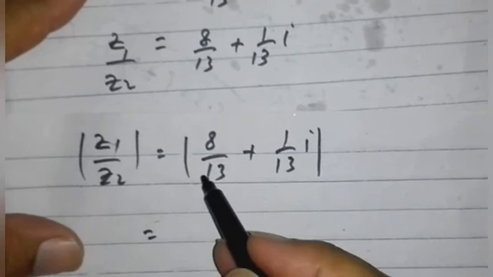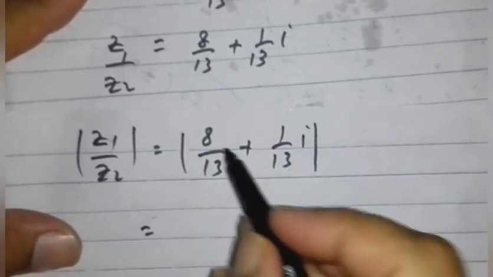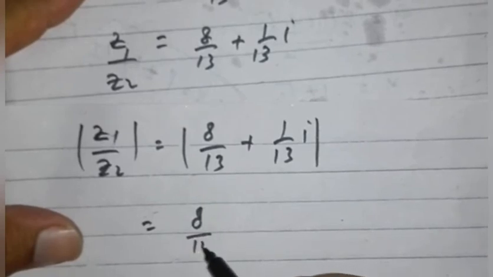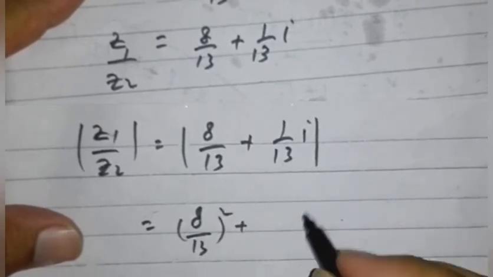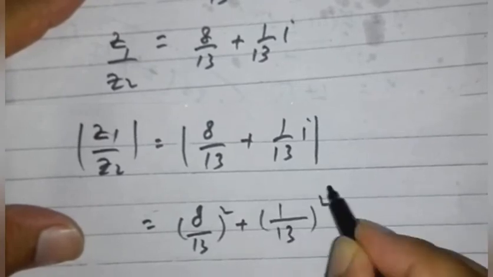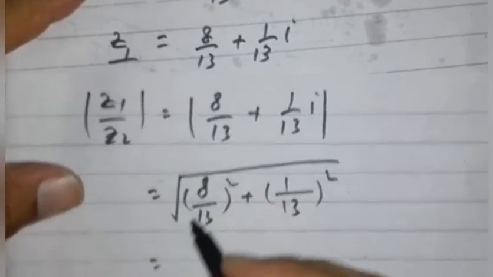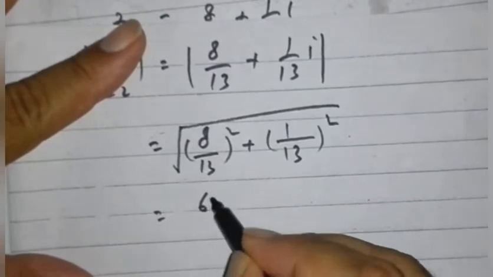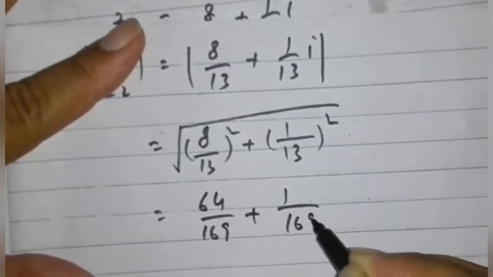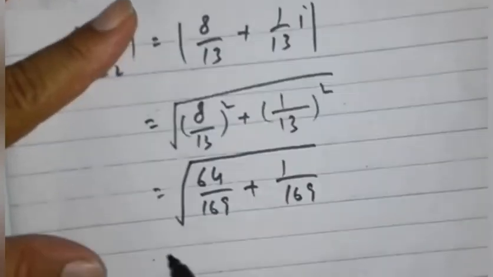So how can we expand this? Take the square of the first plus the square of the coefficient of the imaginary part, and under the root. So now we get 64 by 169 plus 1 divided by 169, whole under the root.